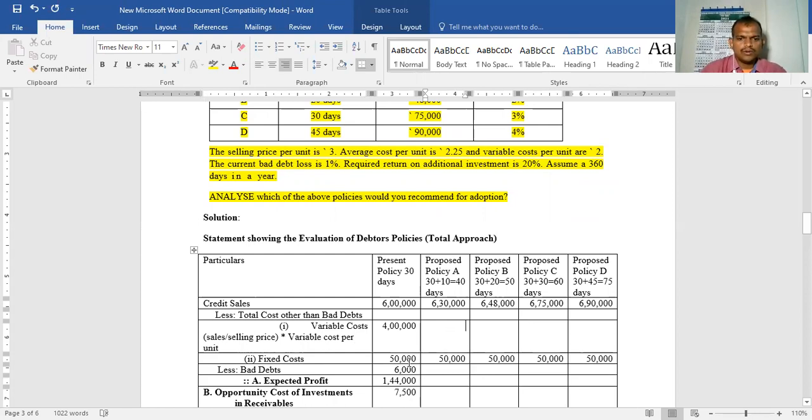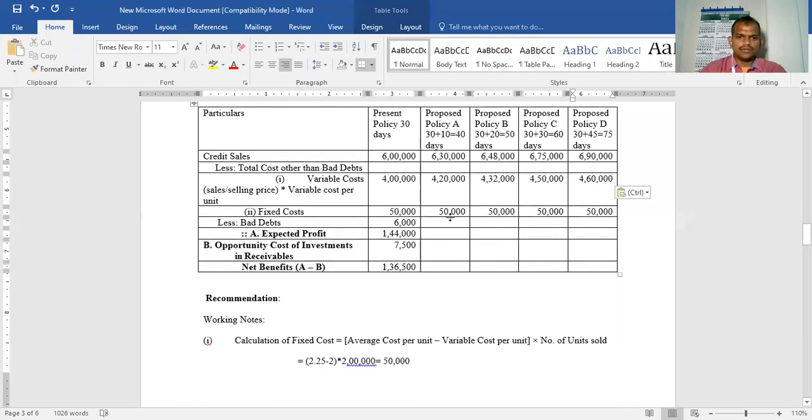So variable cost for policy A is 4,20,000, and for policy B 4,32,000, and for policy C 4,50,000, and for policy D 4,60,000.